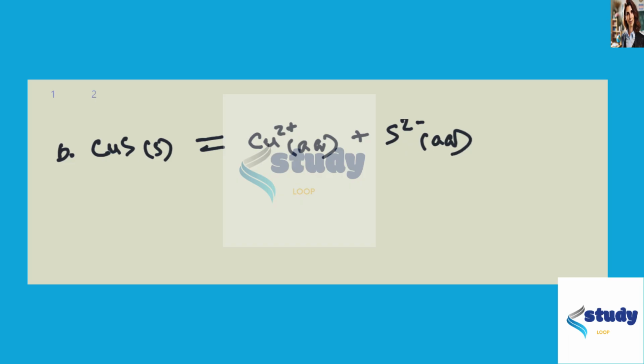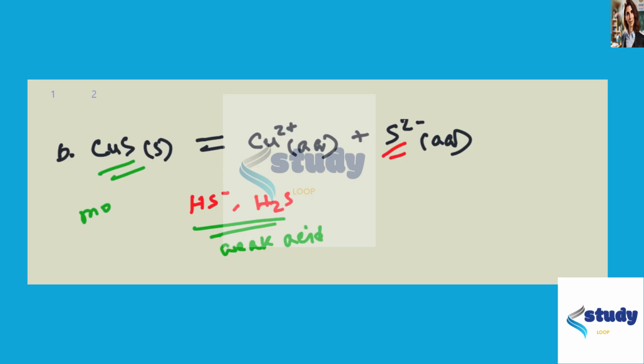Again, this S2 minus will interact with acid, so the protons from the acid, to form HS minus or H2S. And since both of them are weak acids, that means the copper sulfide will be more soluble in acidic solution.